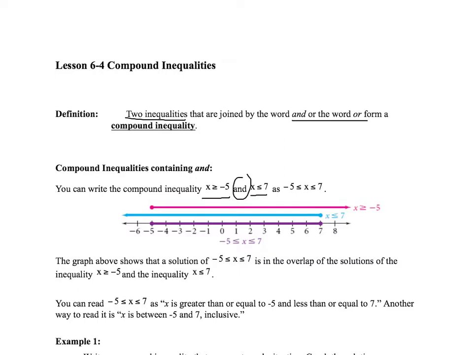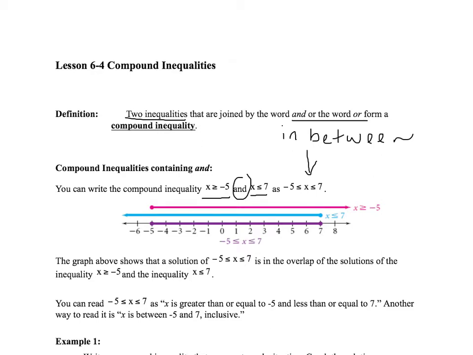You can also write it where the x is in the middle and you read the x first. So x is greater than or equal to -5 and it's also less than or equal to 7. We're saying that it's in between. When we're talking about "and," we mean in between.